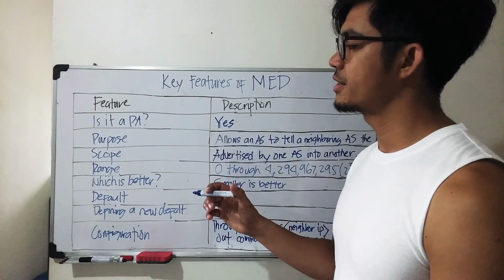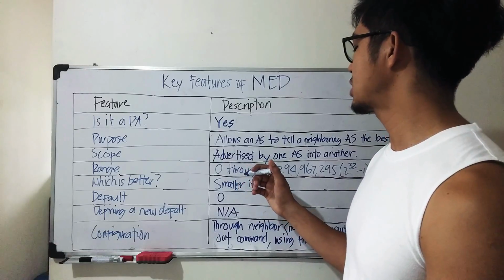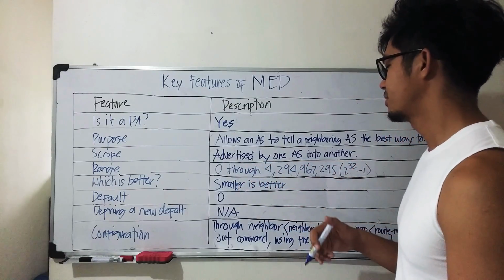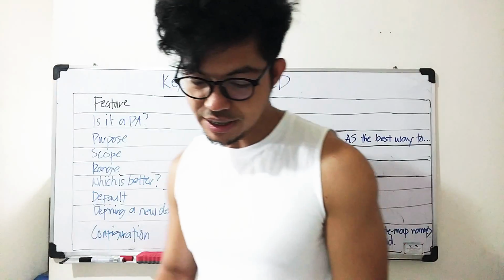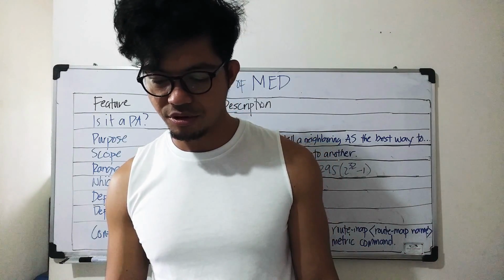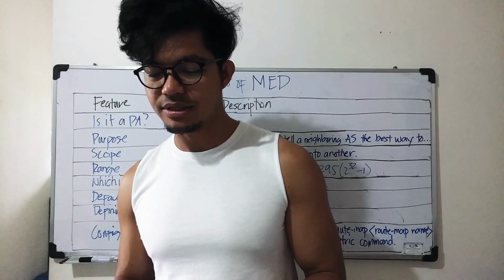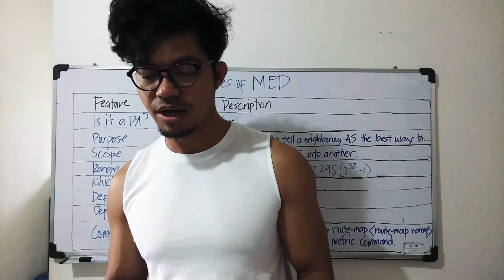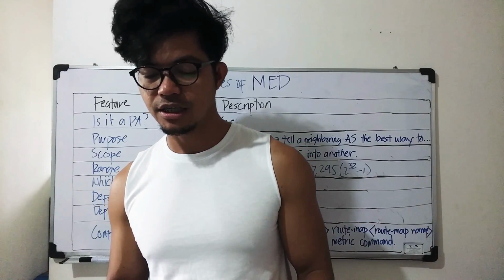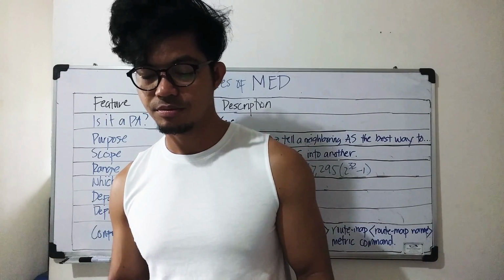And the next is scope: advertised by one AS into another, propagated into the AS, but not sent to any other autonomous systems.